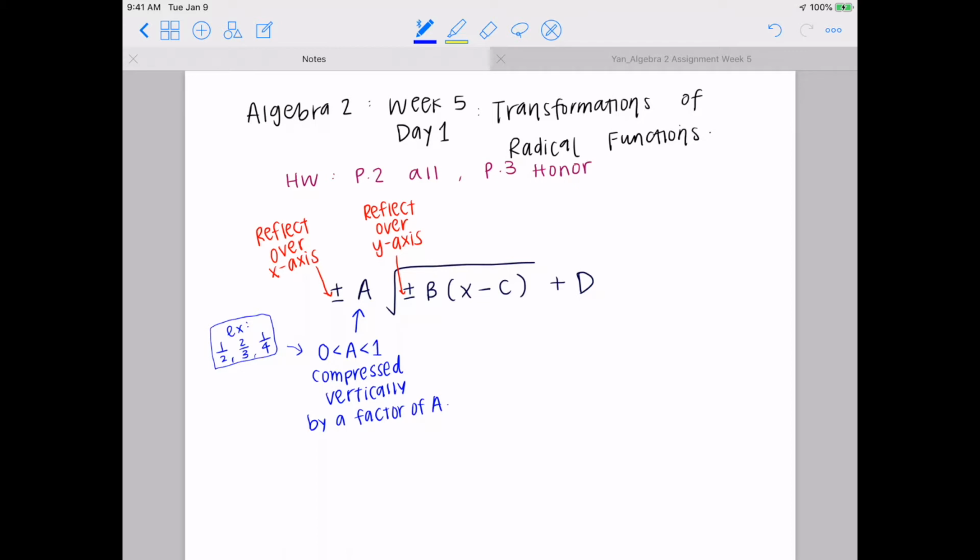That means you want to make the graph look flatter.